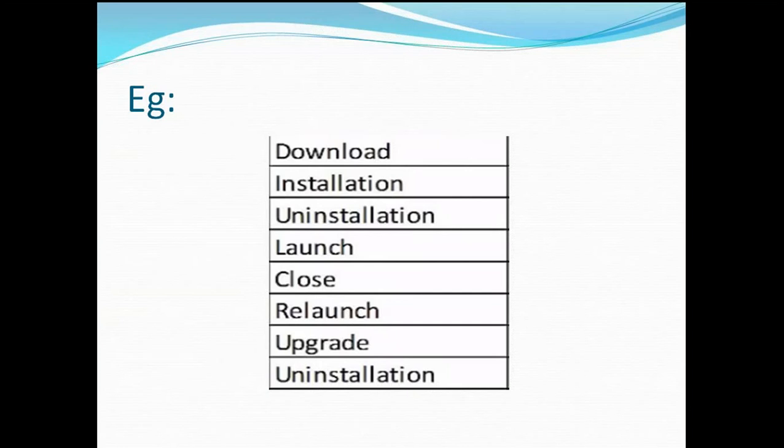Users can download these types of applications whenever they want, from their marketplaces, or if they don't want them they can uninstall them. If an upgrade is available, the user can upgrade the application.